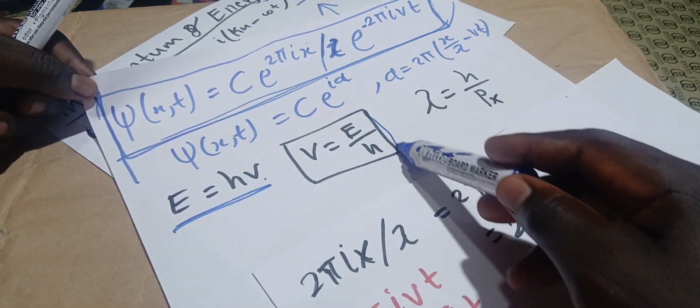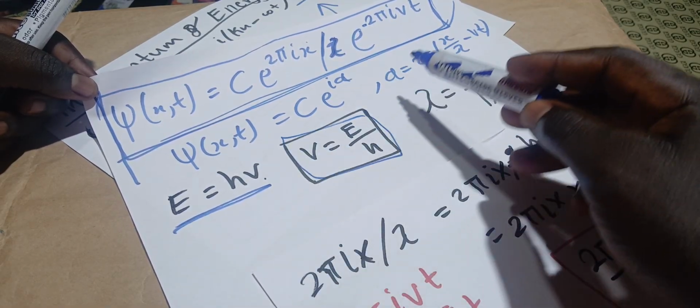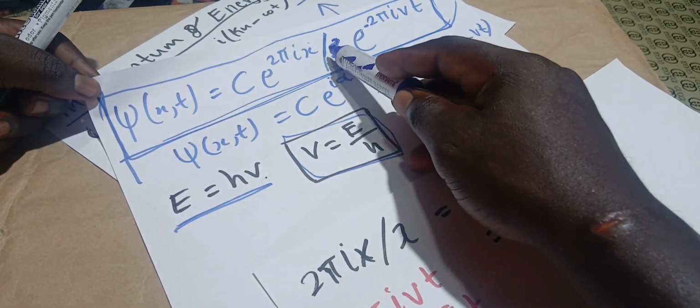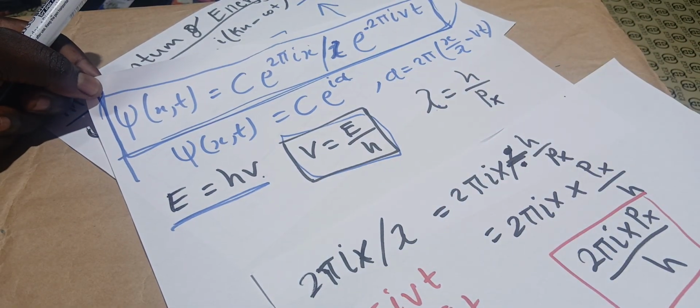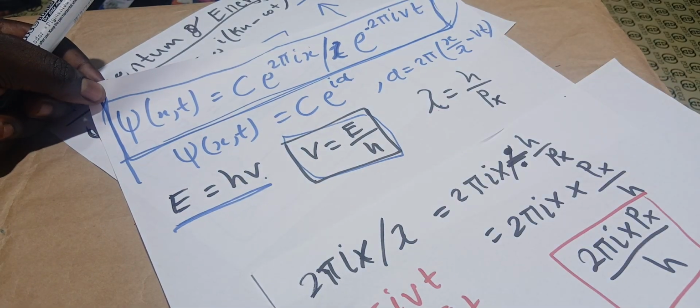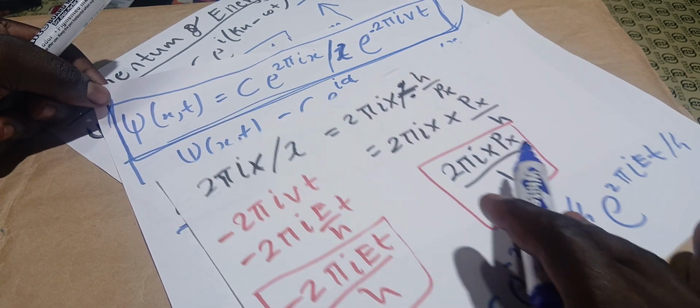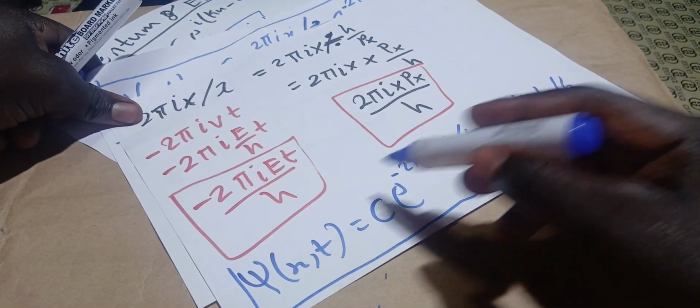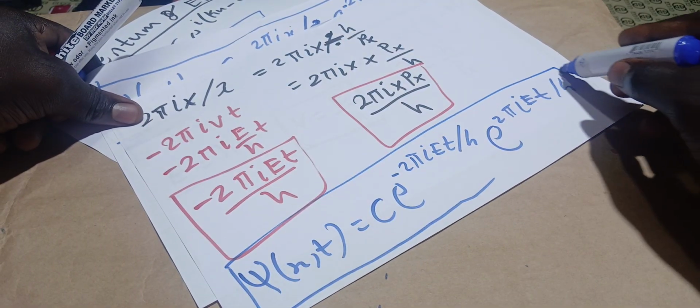From Einstein, you are substituting the value of v from there and the value of lambda from here. After that, you will get another relation, another equation.